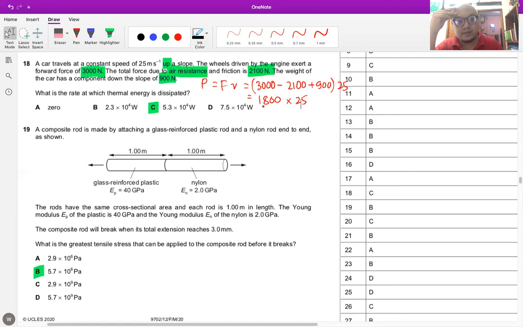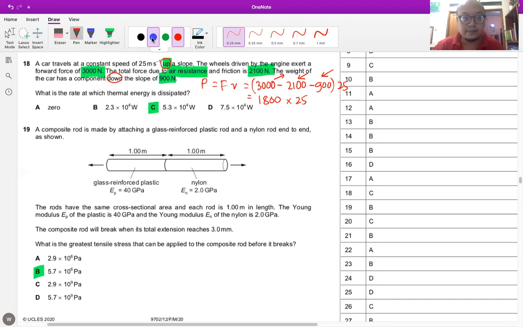Oh, this is up, sorry. So I will erase this one. This is negative 900. Why negative? Because this is up and this is down slope, so this is the opposite direction, and this is the opposite direction also.